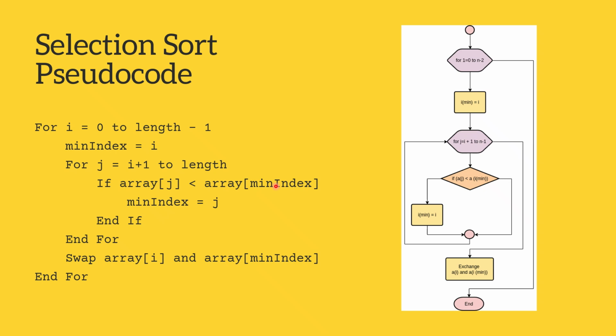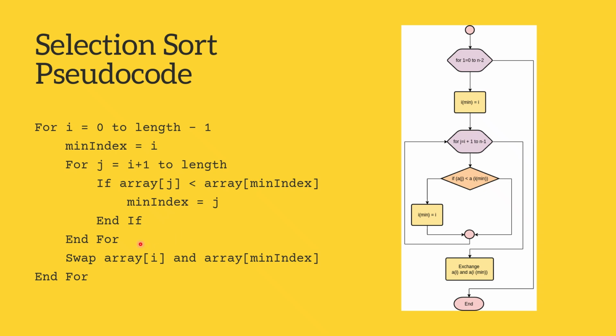So we update our tracker: the min index now becomes j, our new value. So basically, I just found a new smaller value, and I'll remember its position for later. This process repeats for every remaining element in the list.